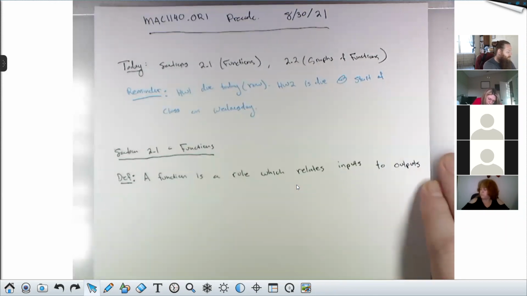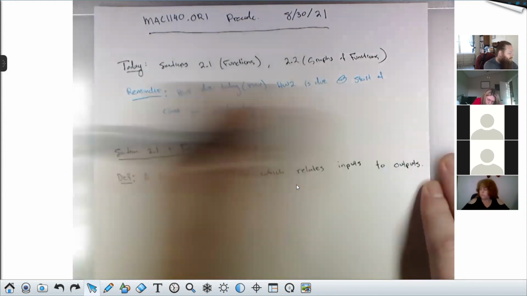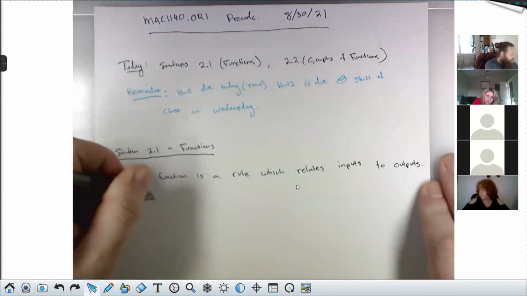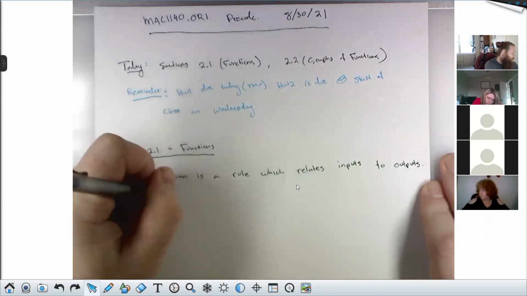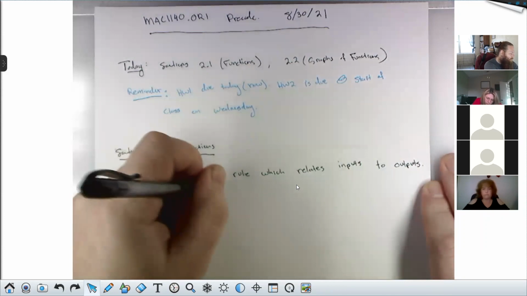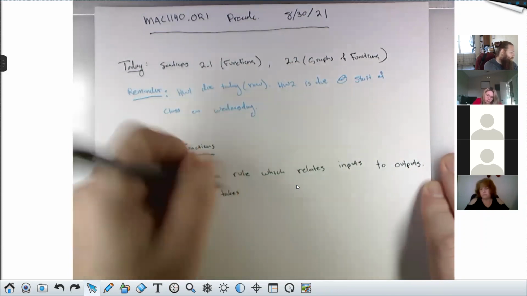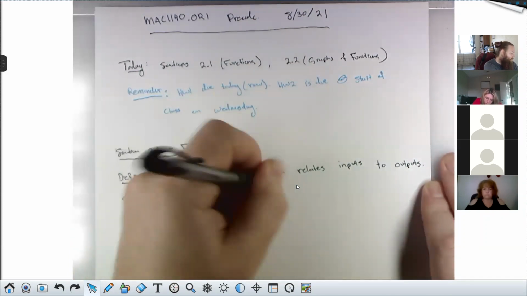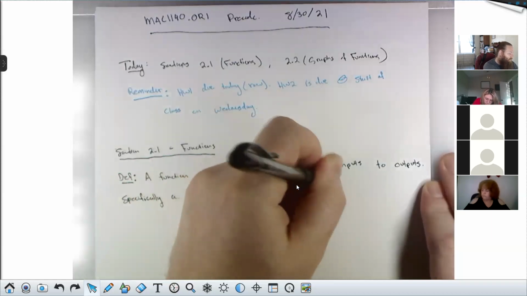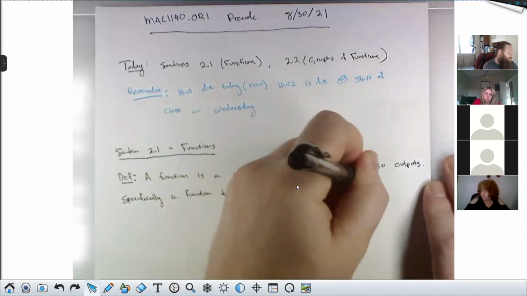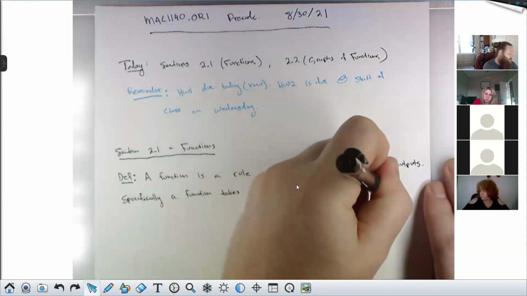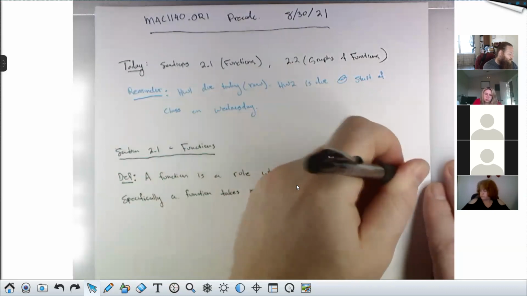And we can be a little bit more specific here. Specifically, a function takes each input and pairs it to one and just one output.